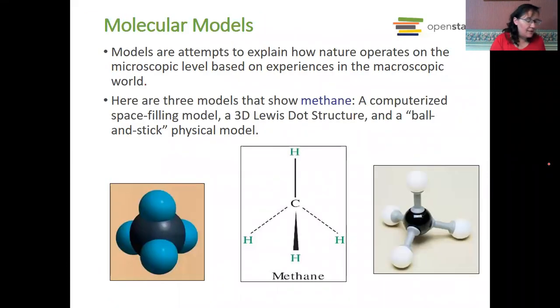Okay, so this is super fun. We've got our molecular models. Models are attempts to explain how nature operates on the microscopic level based on experiences in the macroscopic world. They're not exact, and the reason I have that statement in there about models isn't so that you think that any of these drawings here are what a methane molecule actually looks like. You don't have these tiny little things.